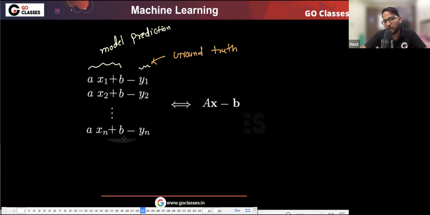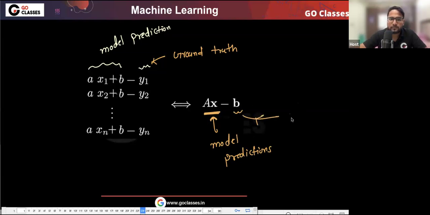So we can completely write this in vector form, which is Ax. This is our model prediction. This is our ground truth.